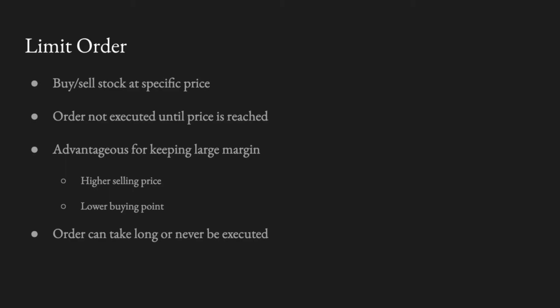And it works in the same manner for selling a stock. You set a limit, and if the price of the stock is at or above that limit, then the order ends up going through. But the downside with the limit order is if it never hits that limit, let's say you're wanting to buy a really good stock and it's currently trading at $33.50.